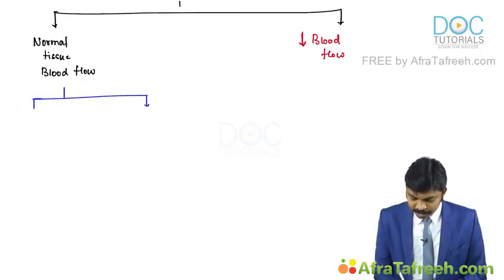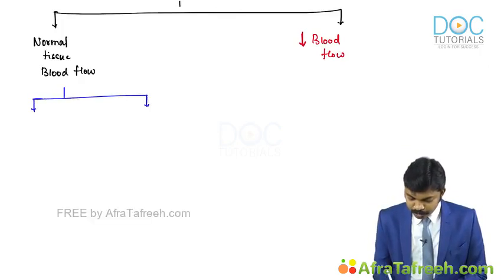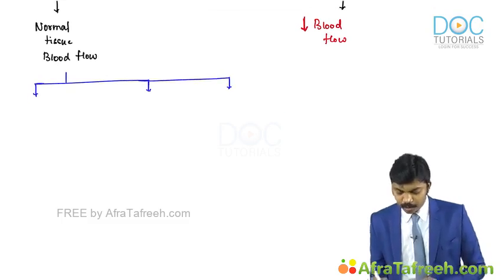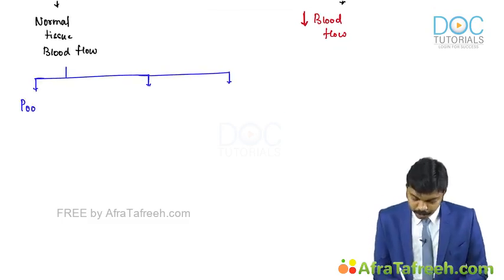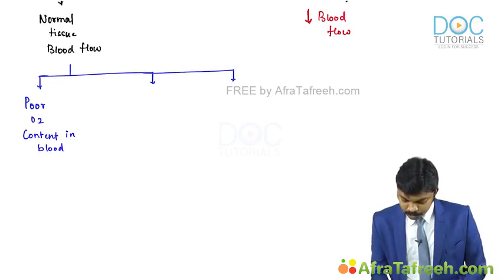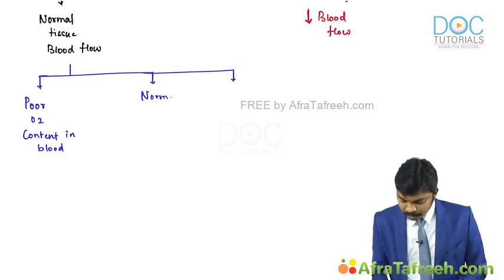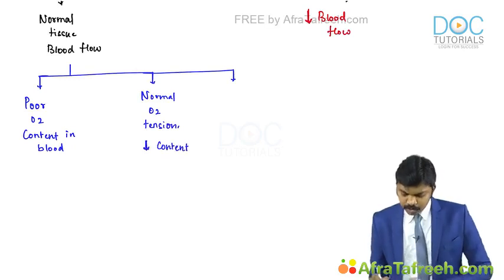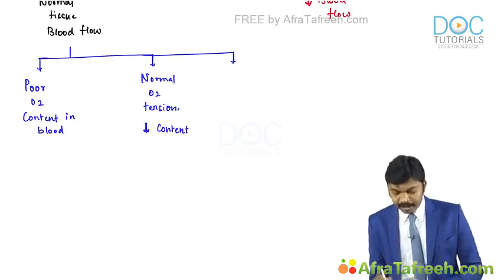The causes can again be classified into three conditions. Number one, poor oxygen content in blood. Number two, there is going to be a normal oxygen tension but reduced content. This is going to be quite confusing at the beginning.